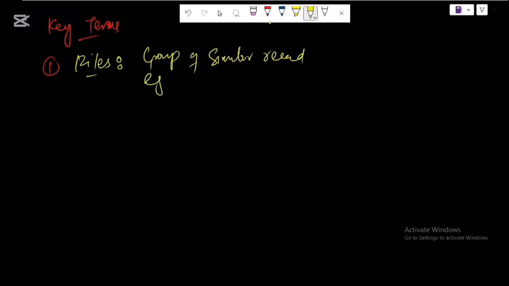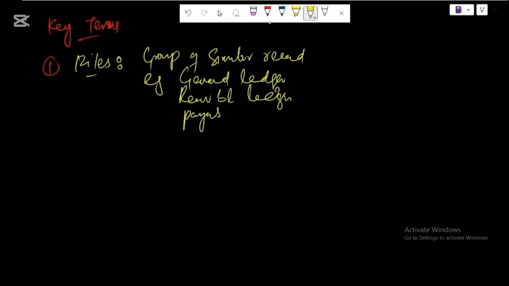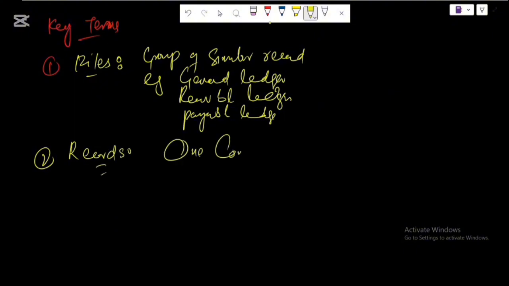For example, you may have general ledgers, you may have receivable ledgers. These are your files, like payables ledgers. Fine. Then the second key term is records. By record we mean that this is actually one complete unit of data, right?